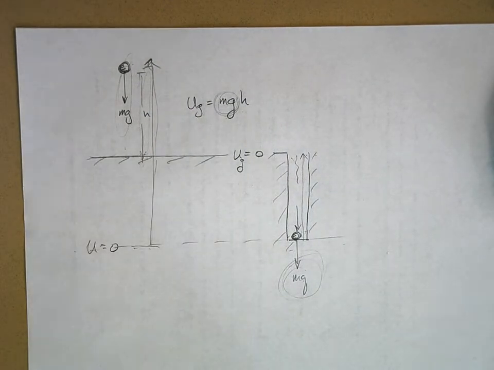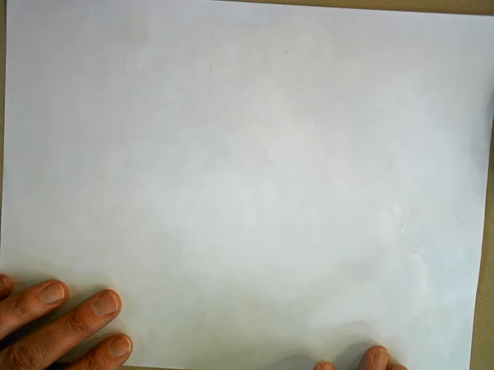Now, so we have gravitational potential energy, we have kinetic energy. We also have elastic potential energy. I don't have an equation for it, but it's just the energy stored in a stretched or compressed material, like a spring or a rubber band or a bungee cord, something like that. So energy can be stored that way as well.